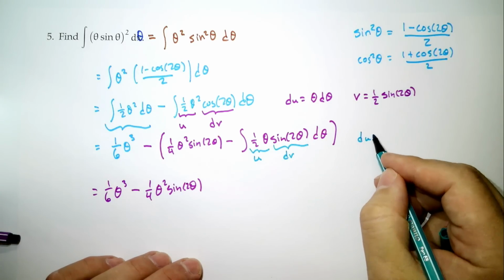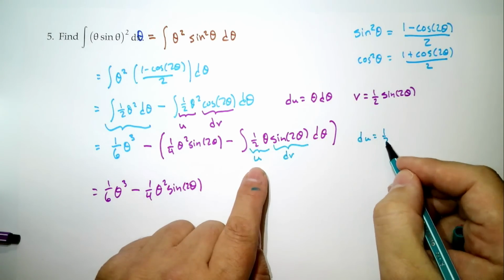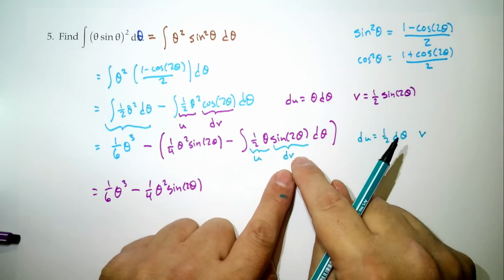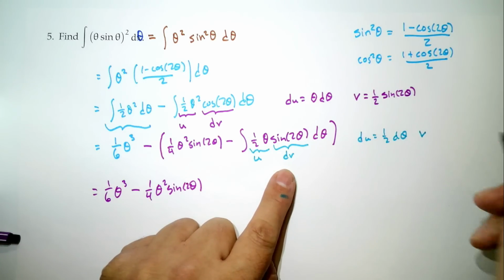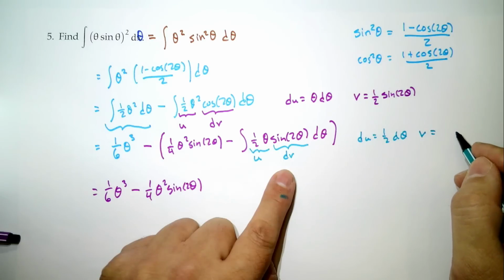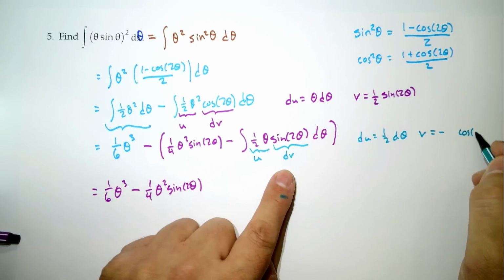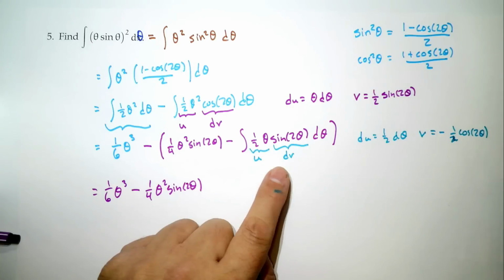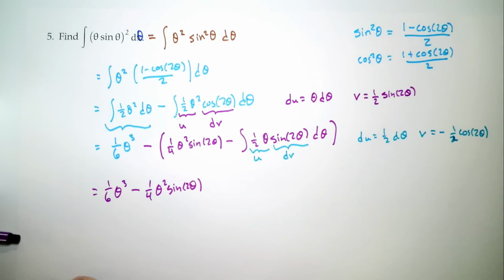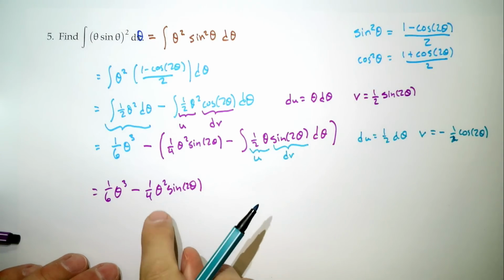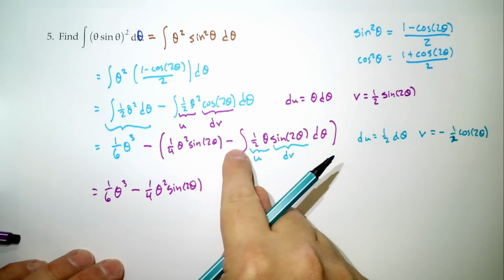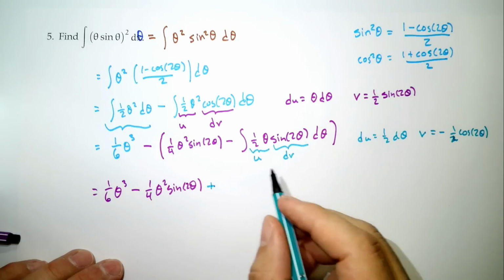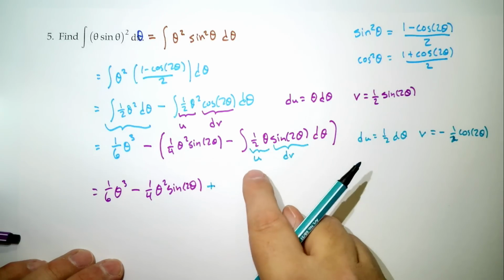So in this case, du will be 1/2 d theta, and the integral of sine, well, that's negative cosine, but because there's a 2 on the inside, negative 1/2 cosine 2 theta. Okay, so being careful here, we had a minus, so we're at a plus this integral, and so I don't need a parenthesis if it's a plus.